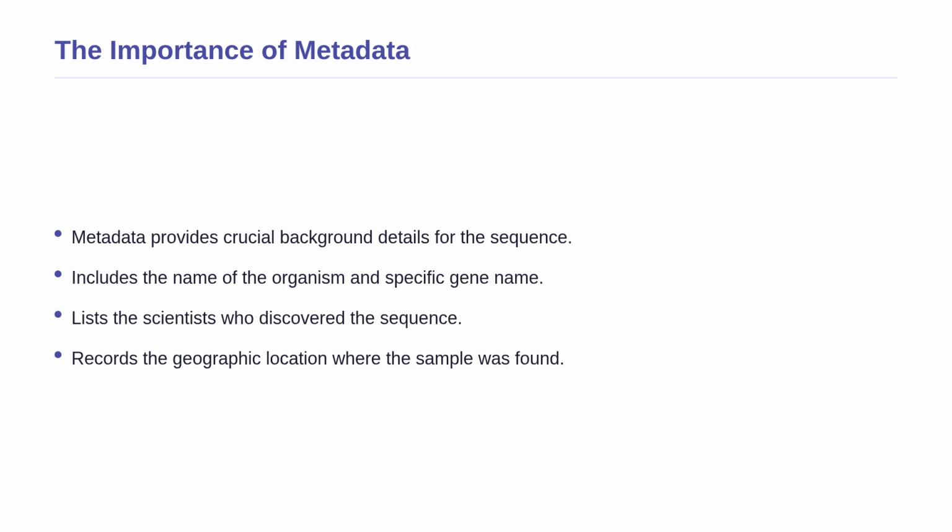Without this descriptive text, a DNA sequence is virtually meaningless to other researchers. By attaching rich metadata, scientists provide the biological context necessary for others to verify their work, conduct comparative studies, and build upon their initial discoveries.